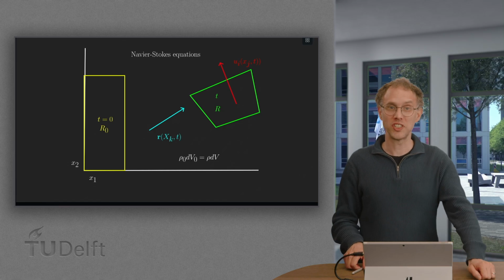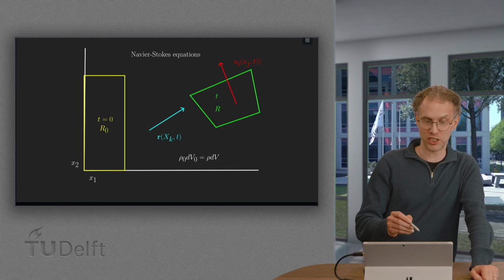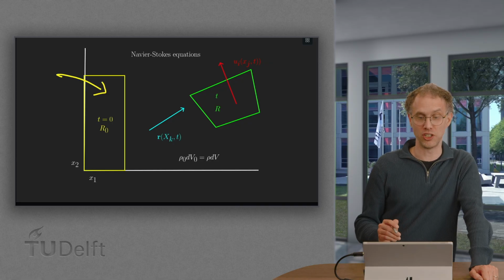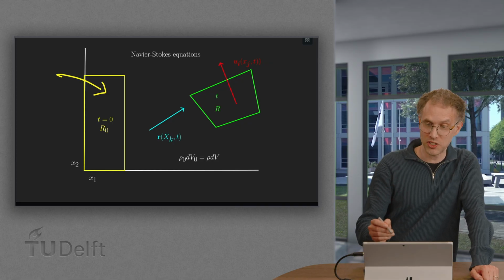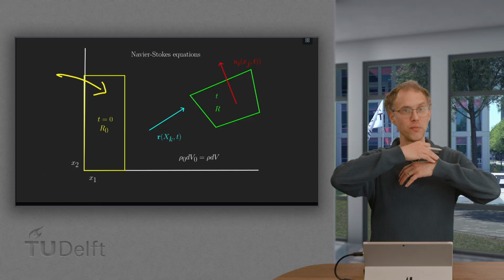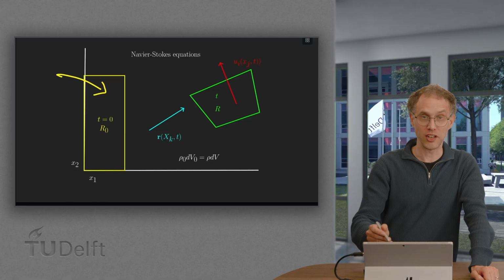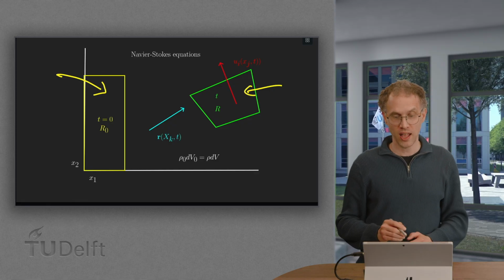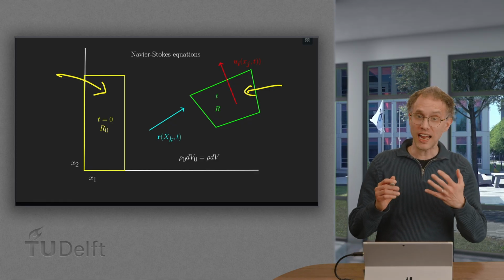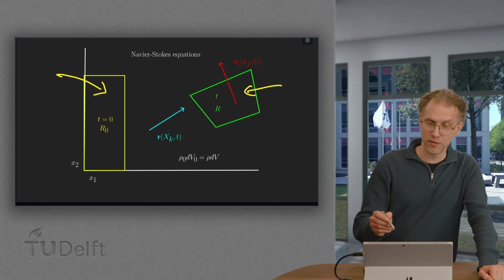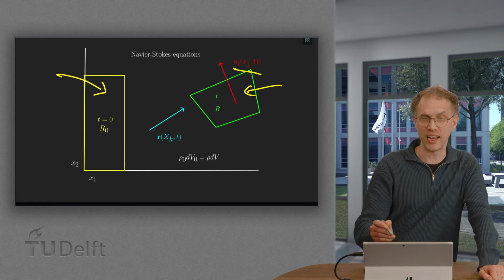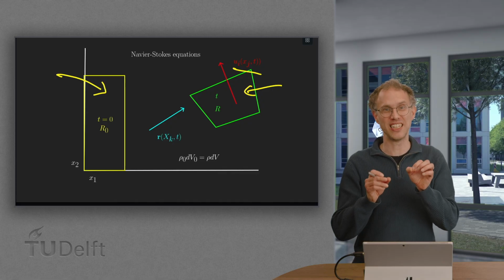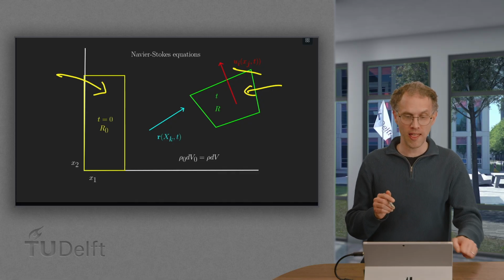So we start out with the same setup as for the other equations. We have at time 0 some fluid blob in region R0. At time t, this fluid blob has gone somewhere completely else and it now occupies the volume R. At time t, the fluid blob has velocity u_i as a function of x_j, t, where small x is the current coordinate.